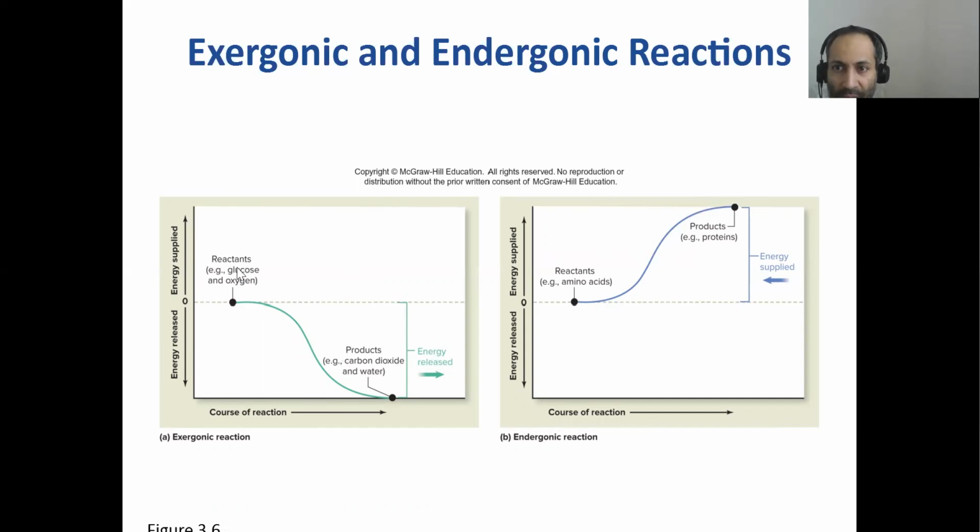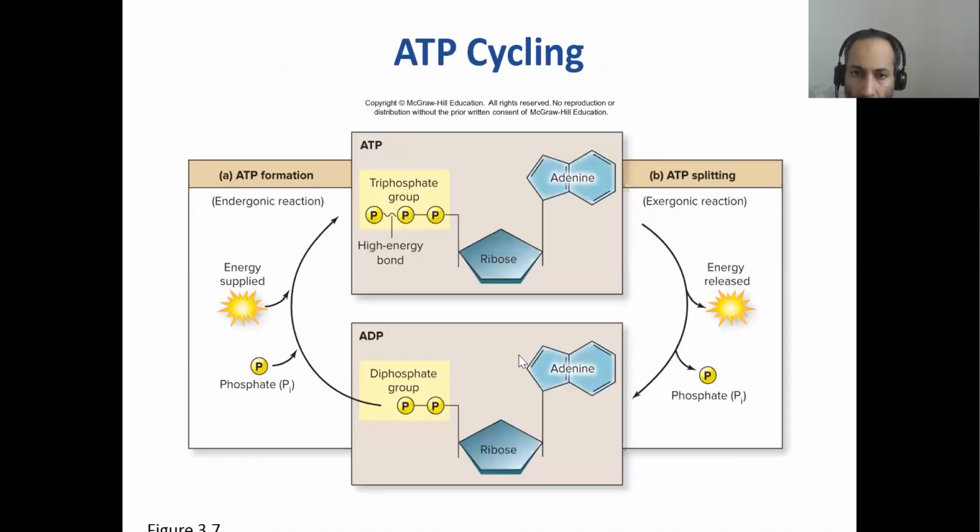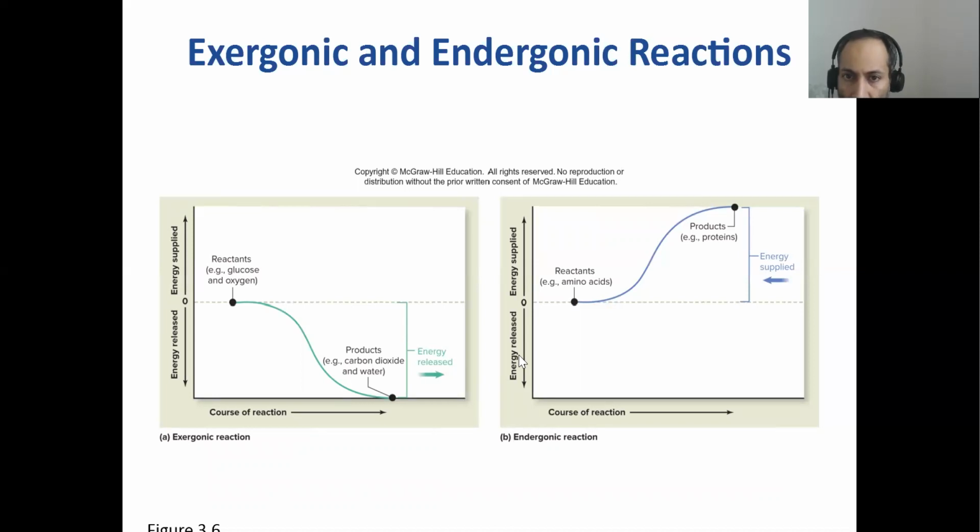You're breaking down glucose and releasing energy, and you're losing weight here. Your energy is being released. When you're sitting down and eating meat or protein food and resting rather, that is when you're building muscles. So anabolic reactions, you have to supply energy by eating food to build stuff, to build your muscle.